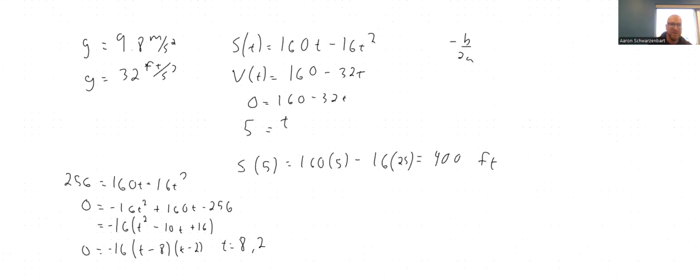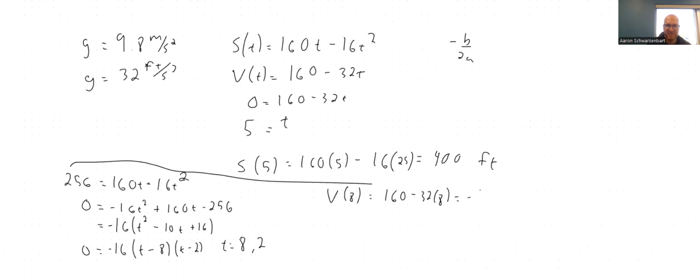No, it did not ask me for those. It asked me for the velocities. V of 8 is negative 96 feet per second.